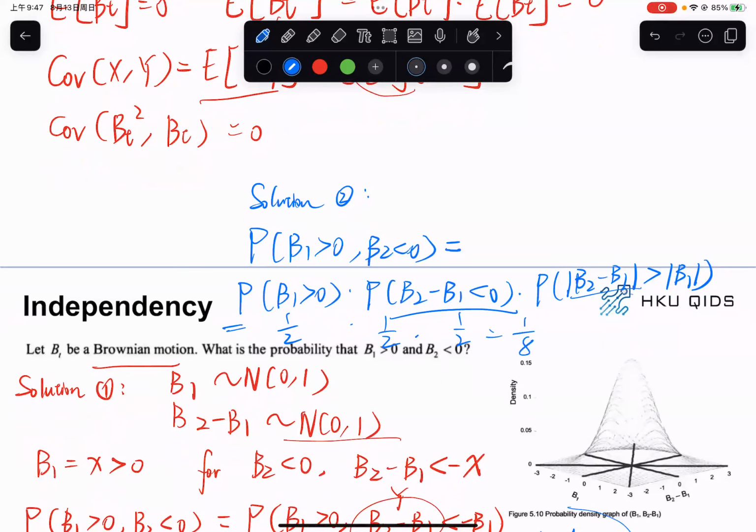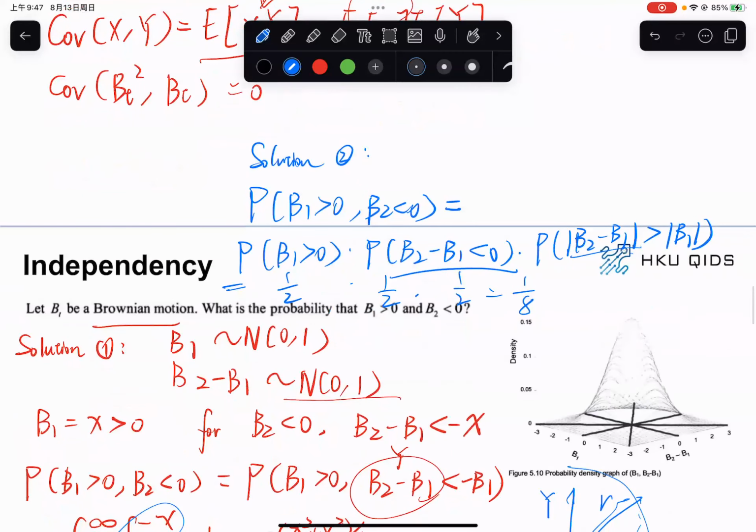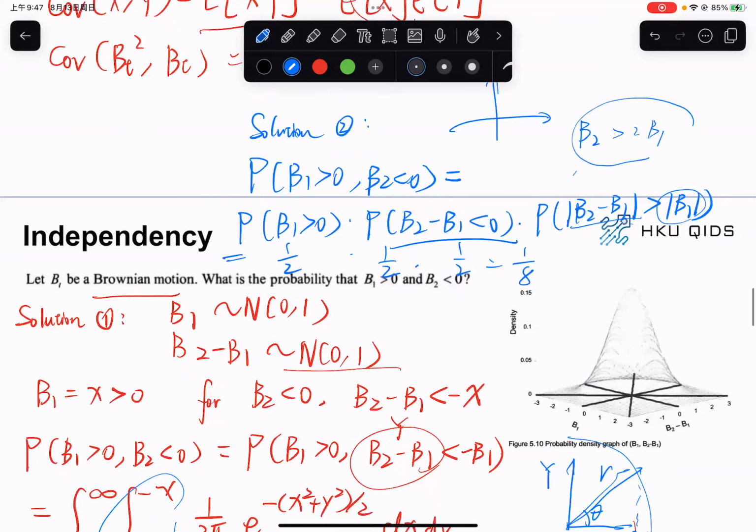Why is this 1/2? Because the chance that for one thing it is larger, we can just convert it to have B2 larger than 2B1. We just need to discuss all the scenarios. Or you can just simply draw a line, okay? You can simply draw a line, and you can find the chance is actually 1/2.